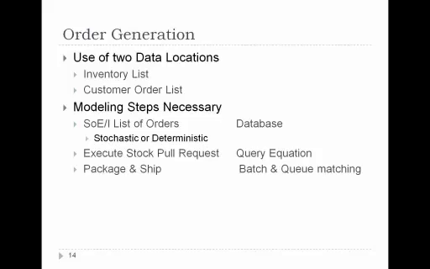The inventory list is what is currently available within the current inventory, and the customers represent a demand upon that inventory. There are three main elements in this. It's the series of events and interrupts that represent the list of orders. This can be done using a database inside of Extend. And there are two types, both stochastic and deterministic.